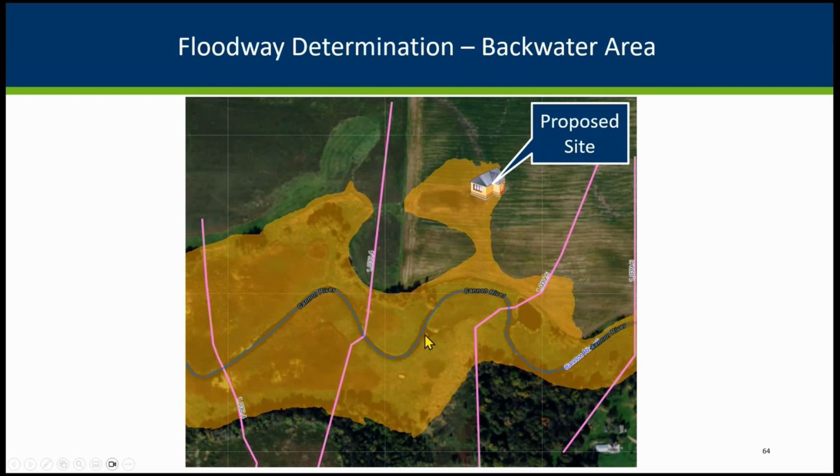That means it's an ineffective flow area, meaning there's no velocity going through there. So this is a spot where we can say there is no floodway here because there's no velocity. You wouldn't necessarily need to do additional modeling to show that it's not the floodway, because you can make a logical judgment call that it's not actually the floodway at this site.